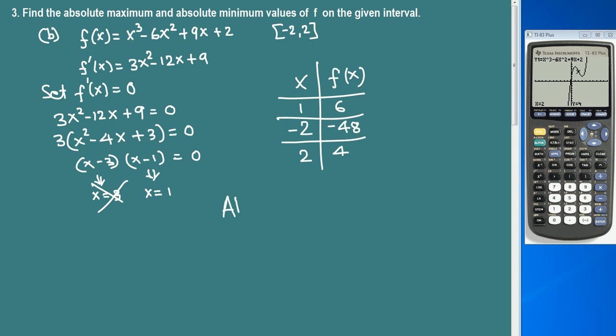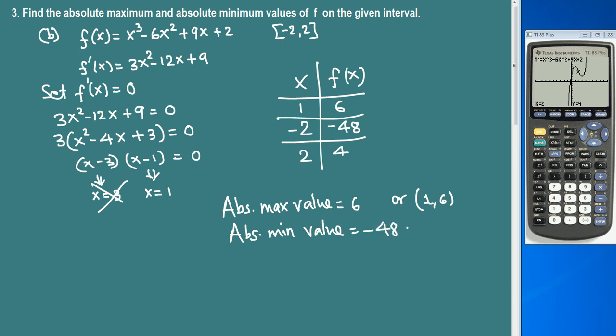So the absolute max value is 6, or sometimes you can write the location and the value, 1, 6. And the absolute minimum value is -48, or you can write -2, -48. Final.